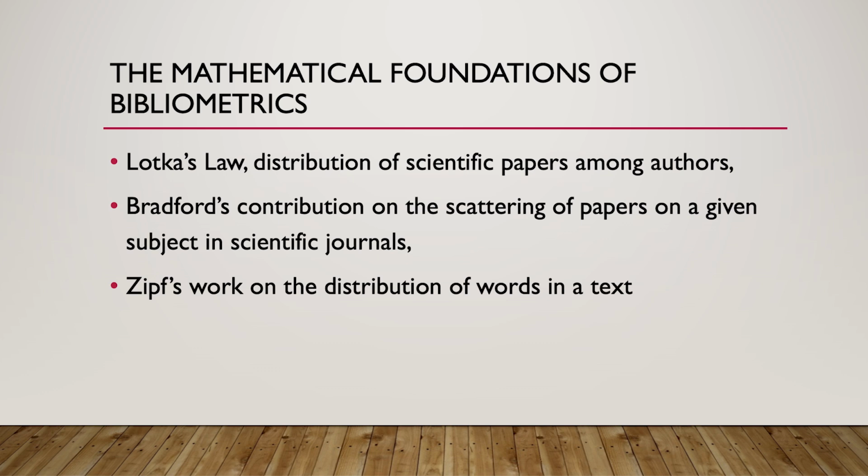There is Zipf's work on the distribution of words in a text, and there is the Pareto rule, which everyone knows as the 80-20 rule: the majority of the papers are written by 20% of authors, or in a given group of 100 people, 20 of them are responsible for 80% of productivity.